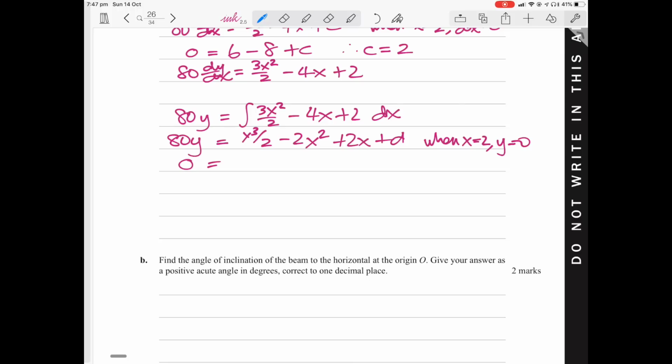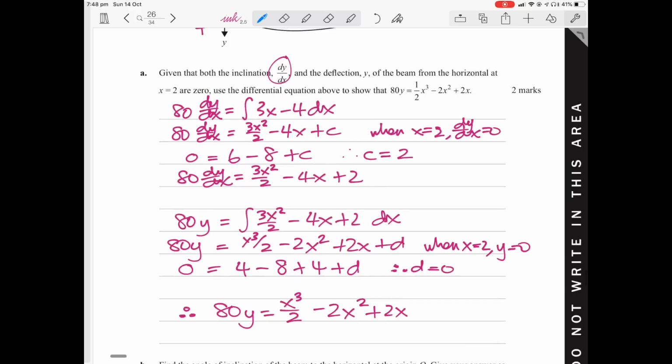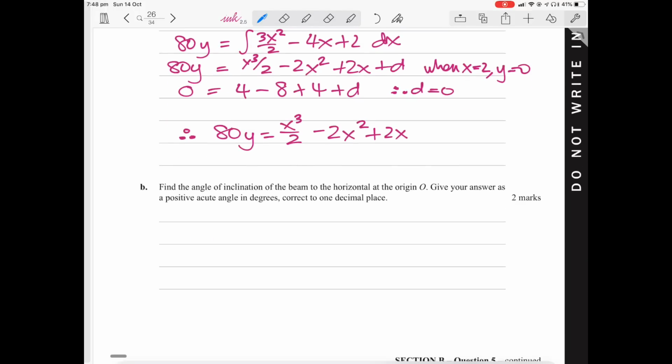So 0 equals 8 on 2, which is 4, minus 2 times 4, which is 8, plus 2 times 2, which is 4, plus d. So therefore d equals 0. Therefore EI y is equal to x cubed on 2 minus 2x squared plus 2x. X cubed on 2 minus 2x squared as required.